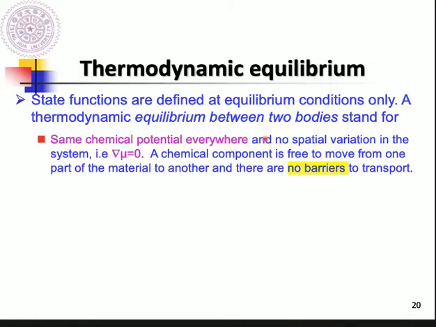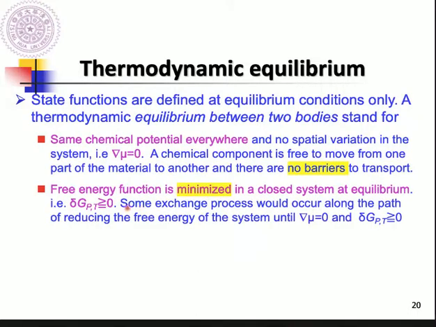It must satisfy the following two criteria. The first one is the same chemical potential everywhere in space. There's no spatial variation in the system. That tells you that the chemical potential gradient equals 0, because the chemical potential anywhere is the same, right?